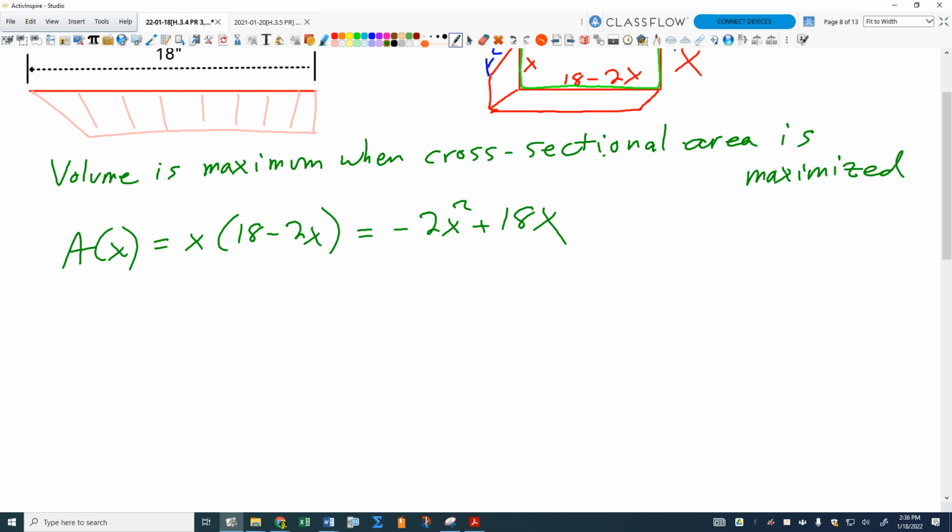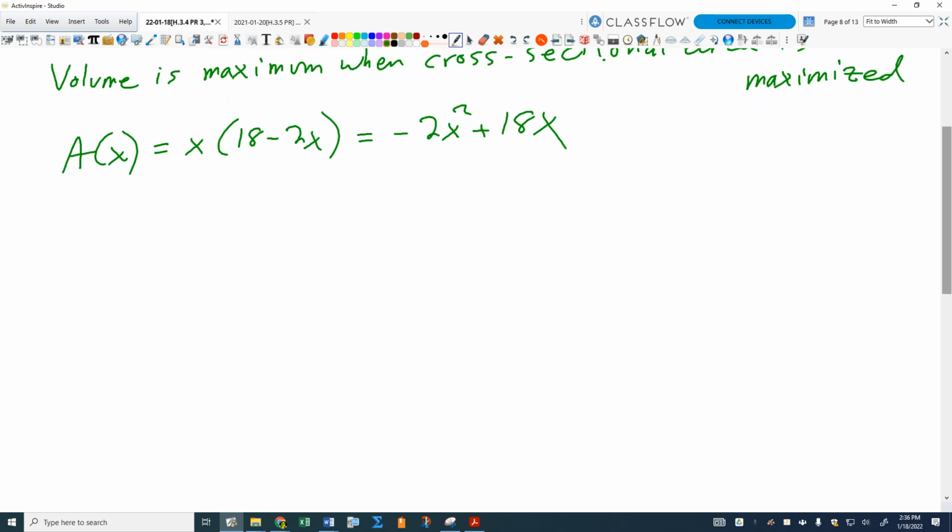Okay, so we've got to calculate h and k. That's all we need here. If I wanted to put this into vertex form, first let's write down the values of the parameters from standard form. What's a, everybody? -2. What's b? 18. And what's c? 0.